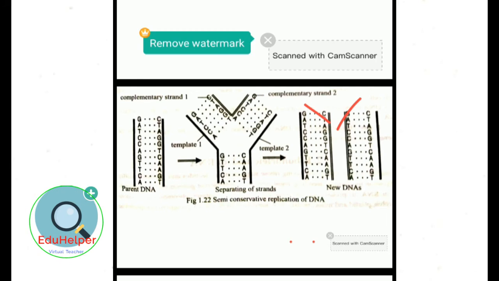RNA primase can attract RNA nucleotides which bind to the DNA nucleotides of the 3 carbon to 5 carbon strand due to the hydrogen bonds between the bases. RNA nucleotides are the primers for the binding of DNA nucleotides.